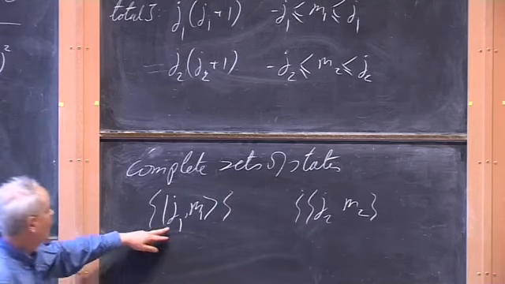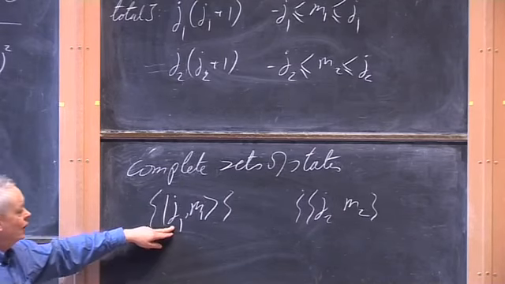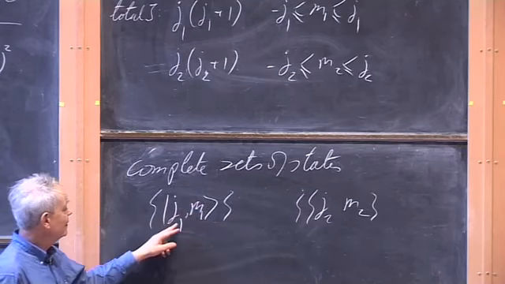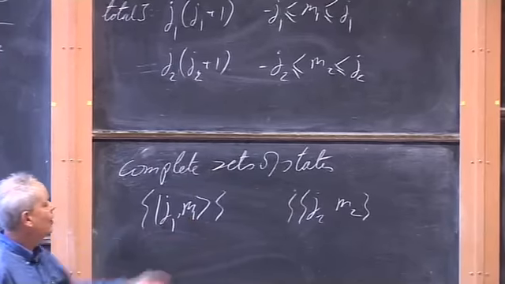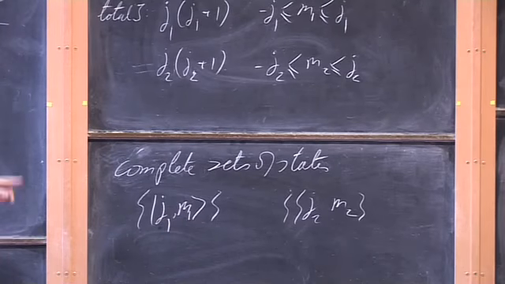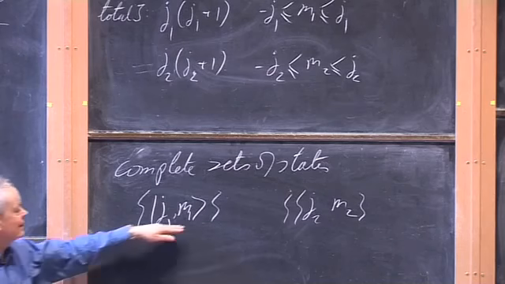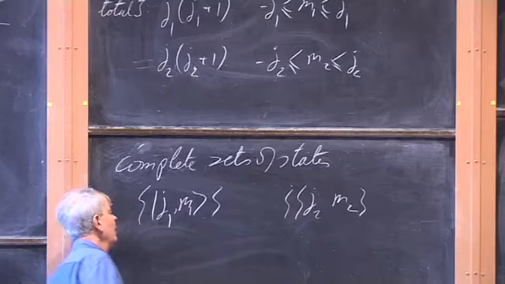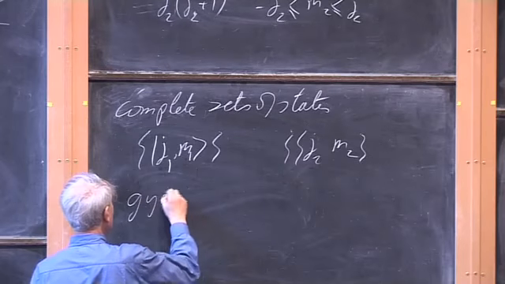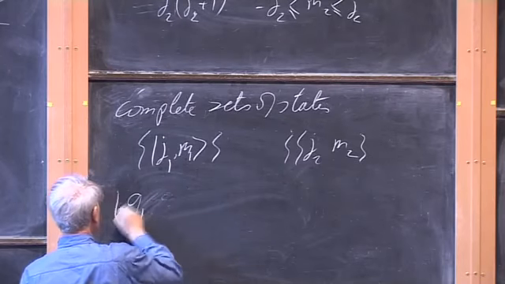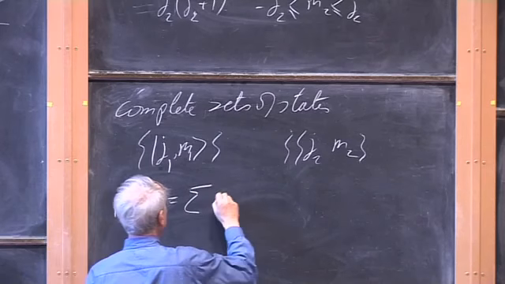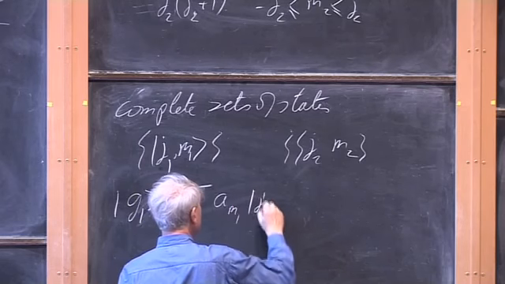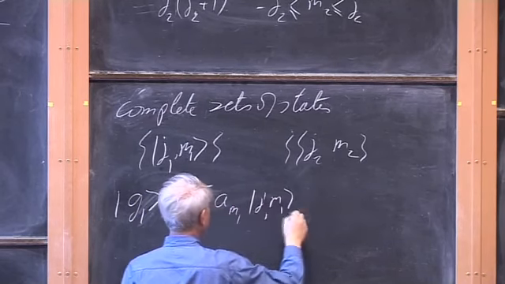Since we know what the total angular momentum of the first gyro is, the only thing to discuss is what its orientation is. If I consider the set of states J1, M1, with M1 ranging between minus J1 and J1, that's a complete set of states for the first gyro. This is a complete set of states of the second gyro. In other words, we will be able to write any state of gyro 1 as some sum over M1 of A_M1 times |J1, M1>, etc. Right?